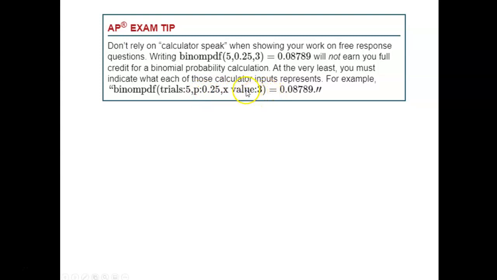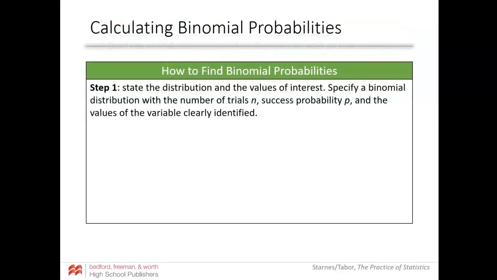If you wrote words out rather than binomial PDF, as long as they had the same meaning, it would be fine. So just make sure that we're answering very explicitly with our calculator, that we actually know what we've typed in our calculator. That's what they're trying to find out.